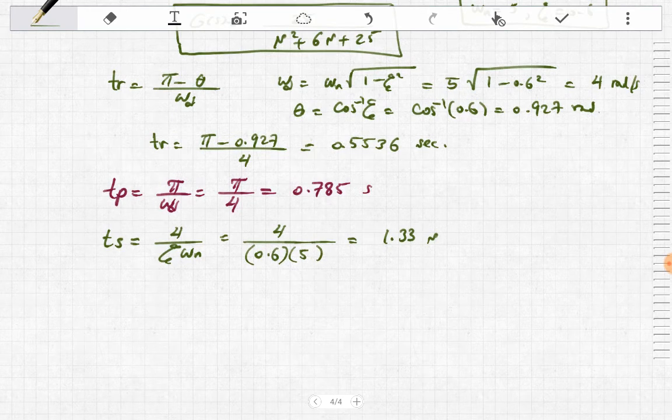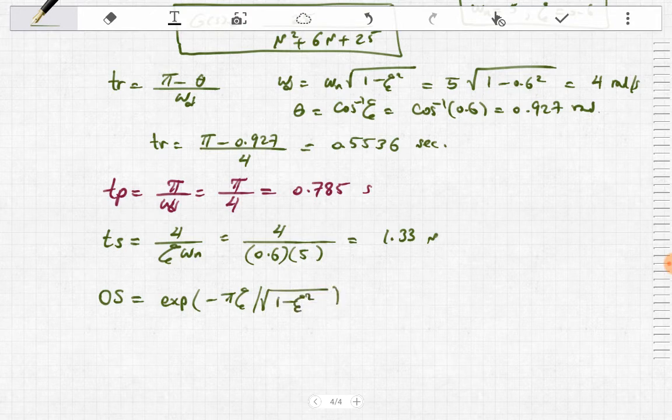So what's left? Overshoot. How do you find overshoot? Exponential of minus pi eta over square root of 1 minus eta squared, right? You observe that overshoot does not depend on the frequency, not on omega n or omega d. It depends only on eta, the damping.